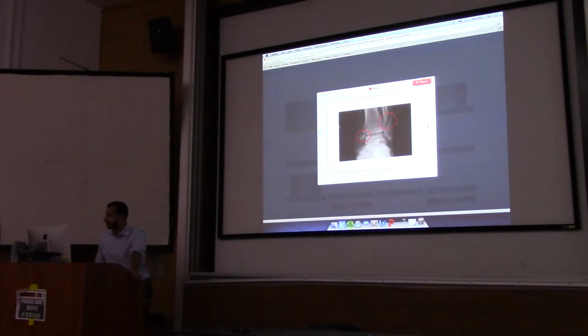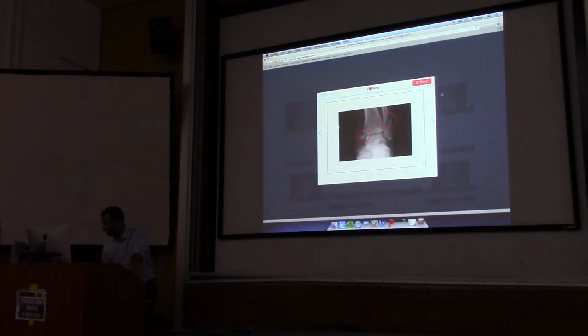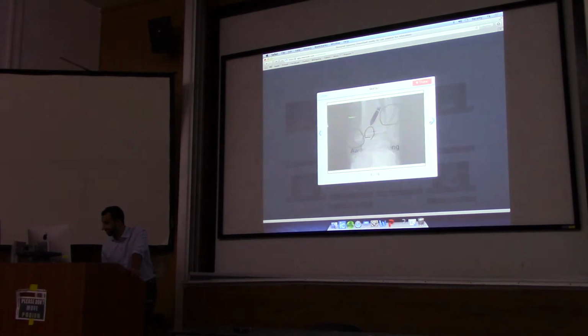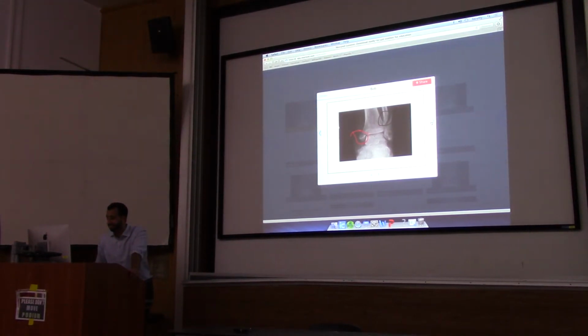We can go through some of these drawings. Clearly, those are the right fractures. Weber C. This person gets the Weber C. Let's see if he's right. Surprising with this one.